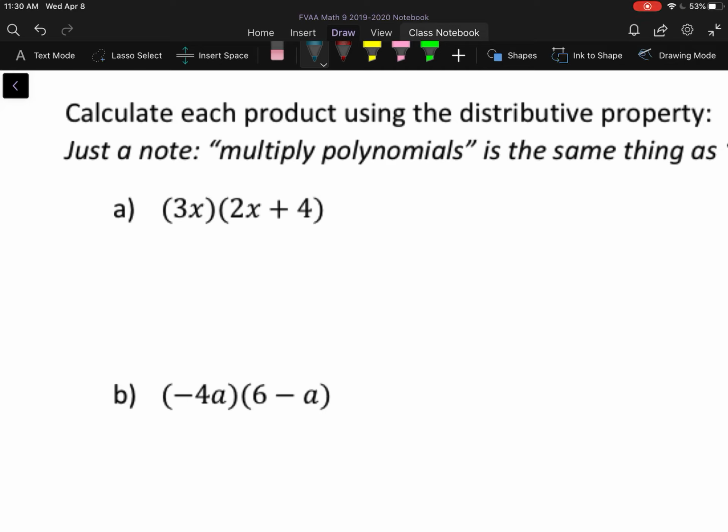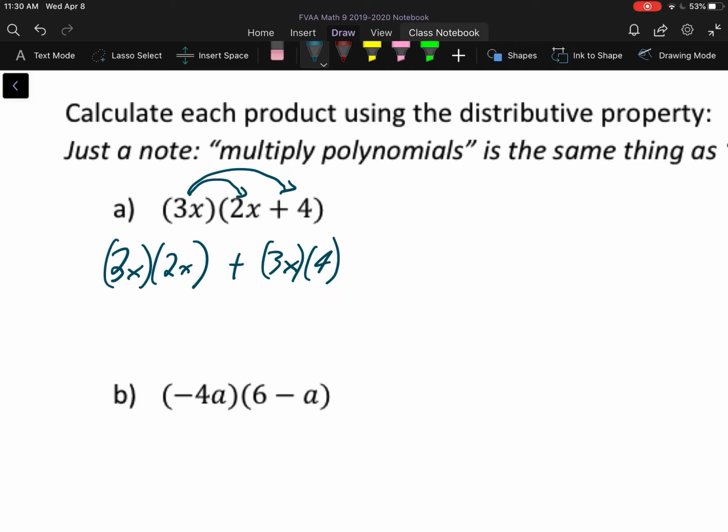So of course I know that I have to multiply my monomial with each term of my polynomial. So 3x times 2x plus 3x times 4. That's what we end up with.